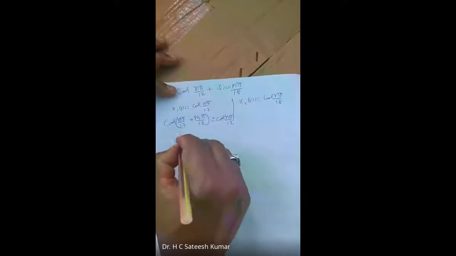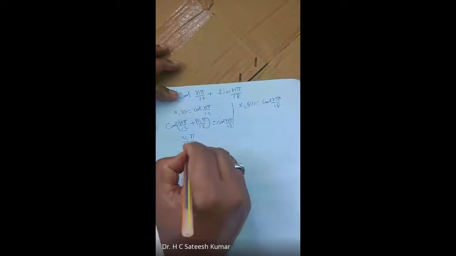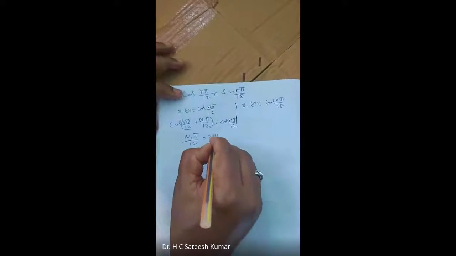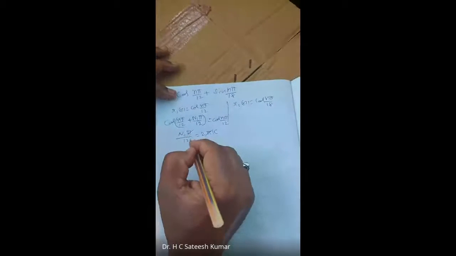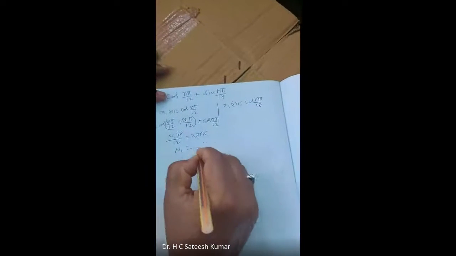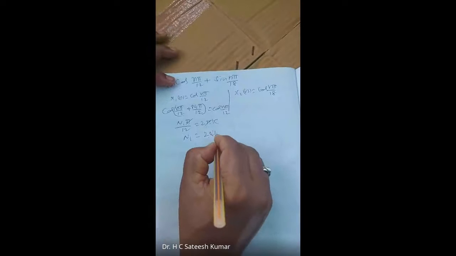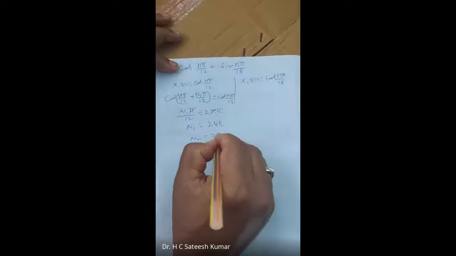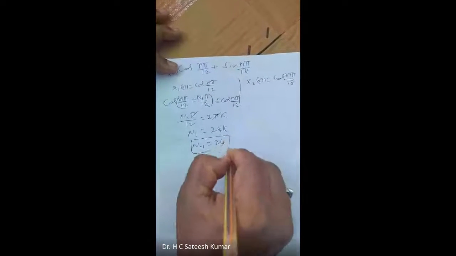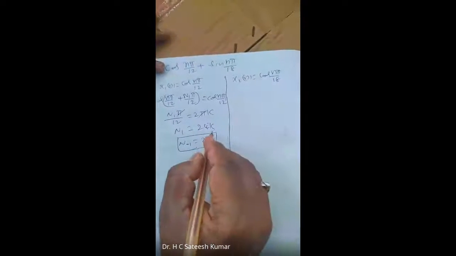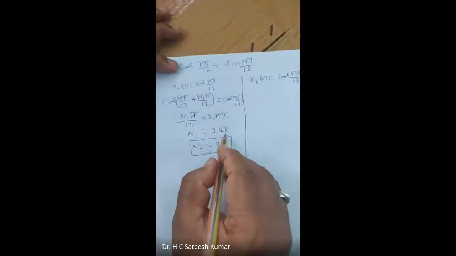When these two are equal, N1 pi divided by 12 should be equal to 2 pi k. Pi gets cancelled. N1 is equal to 24k. N1 is equal to 24 for the least integer value of k. Least integer value of k is what? 1.